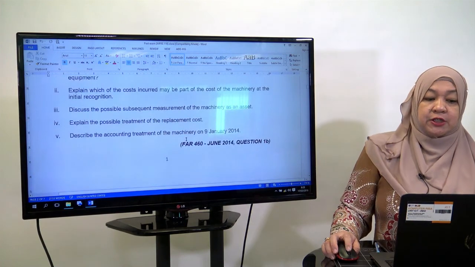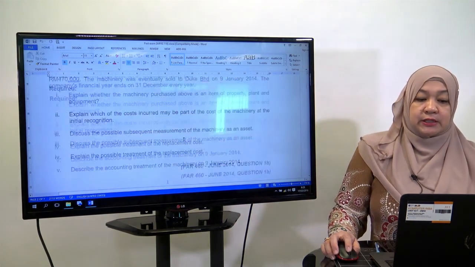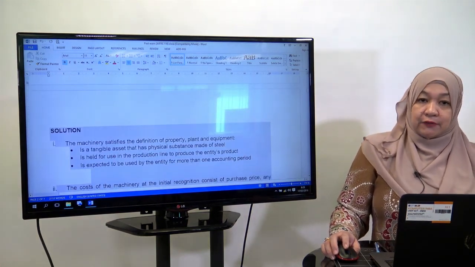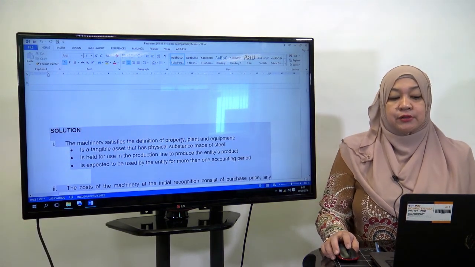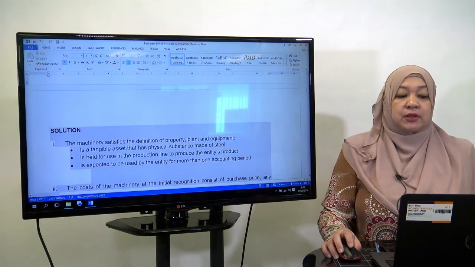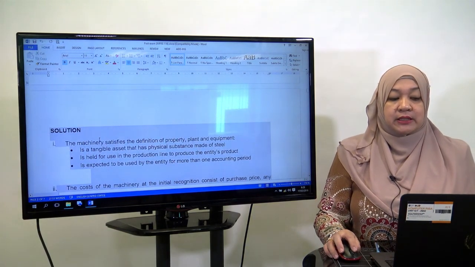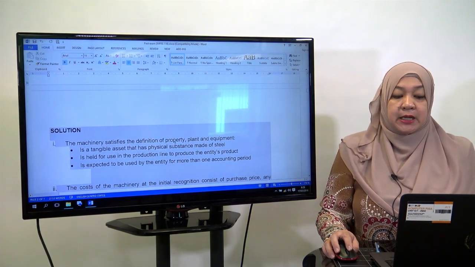So obviously the machinery is made of steel, it is used for producing product, and it is used for more than one accounting period. So the answer is yes, the machinery satisfies the definition of PPE.